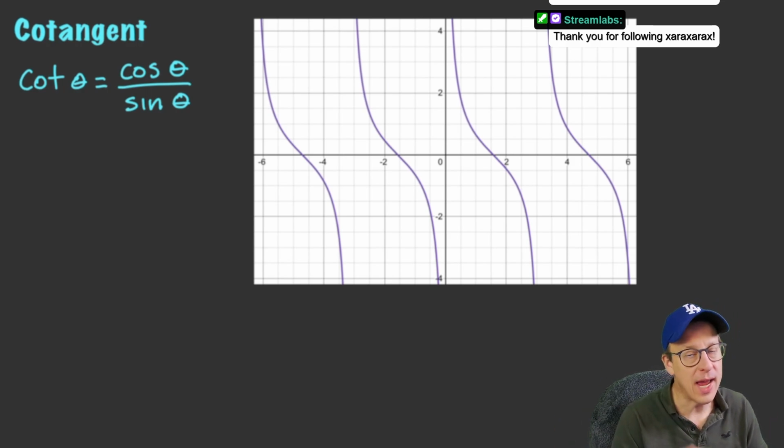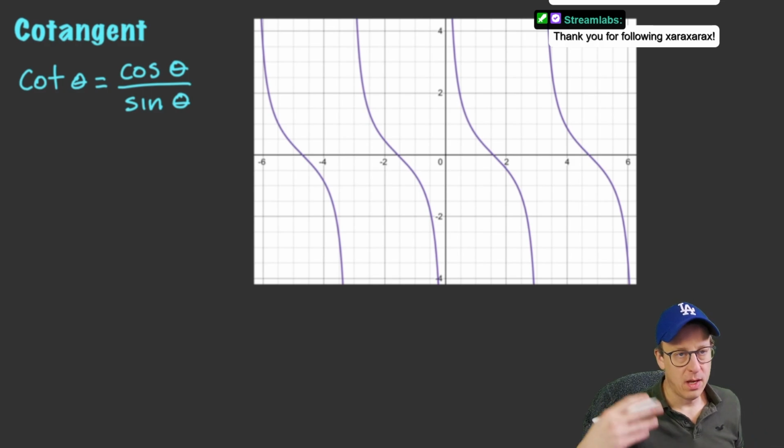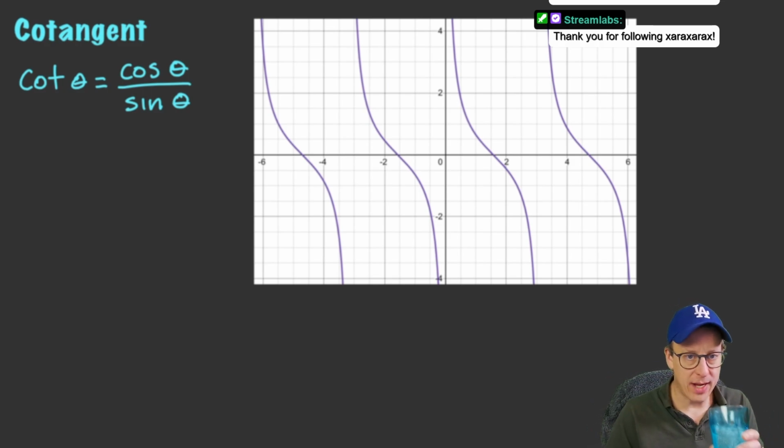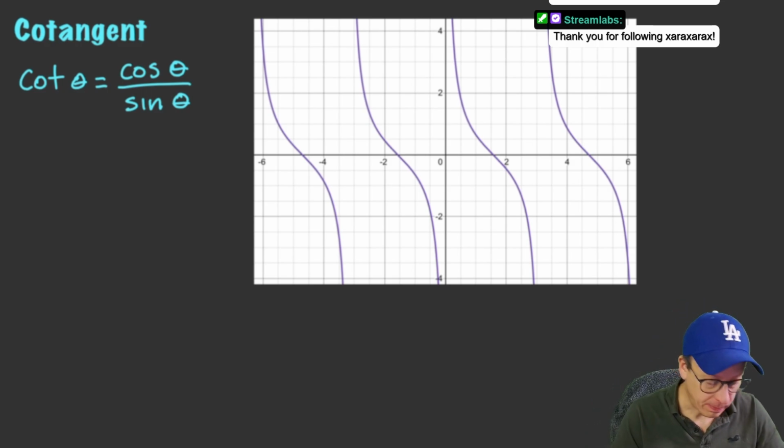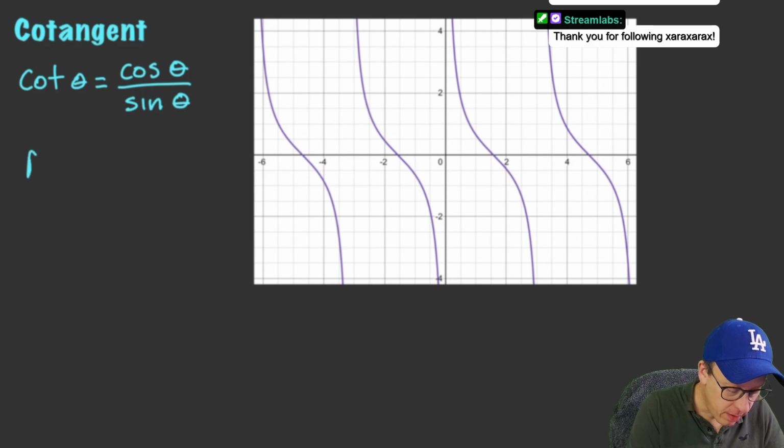That's the reason why we can never reach a point where we can actually plot those points. That's what creates the asymptotes. You can't divide by 0. And that's also the reason why the tangents do not work. Again, the period is going to be equal to pi.